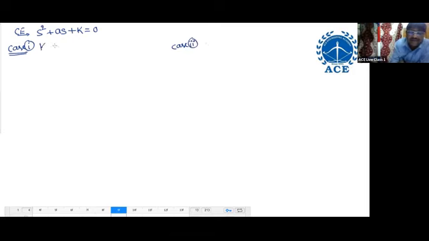Case 1: K as a system gain. System parameter gain both are same.